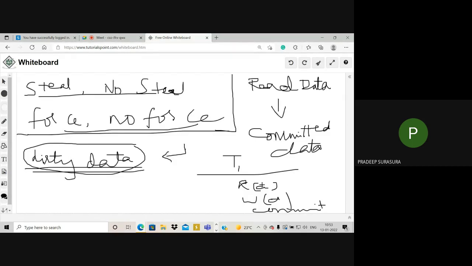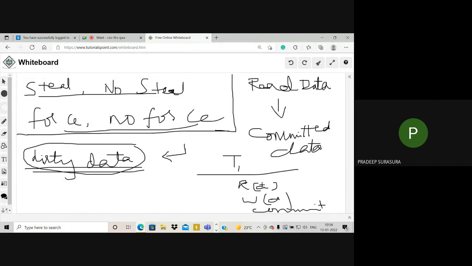Okay, so force means what? Committing the data, so that it is leading to final storage. Force means commit the data and save the data permanently. If data is updated, if everything is fine, we commit the data. Okay, say force.